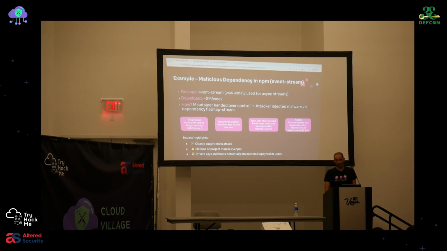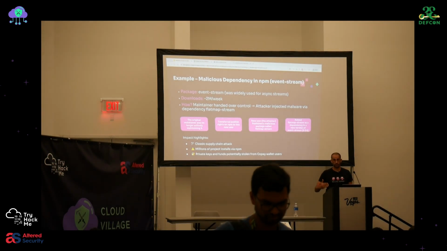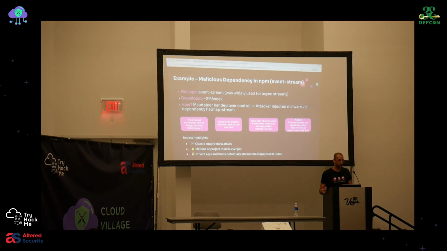And that is a classic supply chain attack, right? It led to millions of projects installing it through NPM, and private keys and funds potentially stolen from copay wallet users. The easiest way to cope with that vulnerability today, or from the moment that it was published, is simply to run an SCA tool that will flag whether you're using that vulnerability.